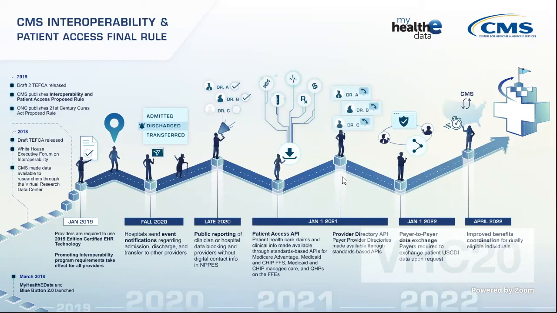What we have included is that we are now allowing the payers who build these APIs to require that the apps who are requesting access to those APIs attest to certain privacy conditions. So attesting that they have a privacy policy that is in plain language, that their patients have seen and affirmatively acknowledge that they have seen.